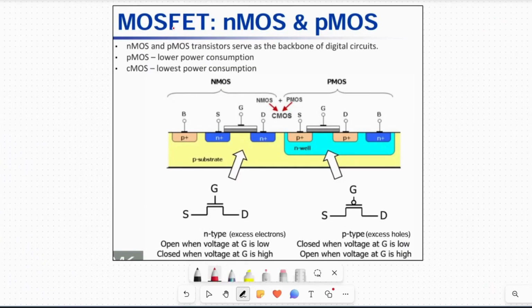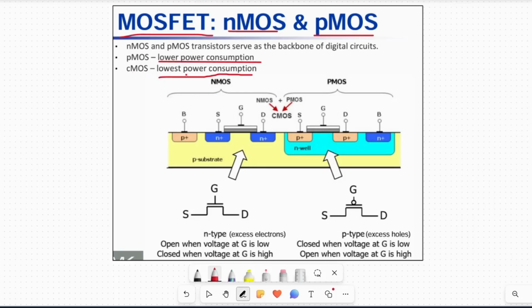Let's talk about two types of MOSFET, NMOS and PMOS. NMOS and PMOS transistors serve as the backbone of digital circuits. PMOS has lower power consumption, CMOS has the lowest power consumption.